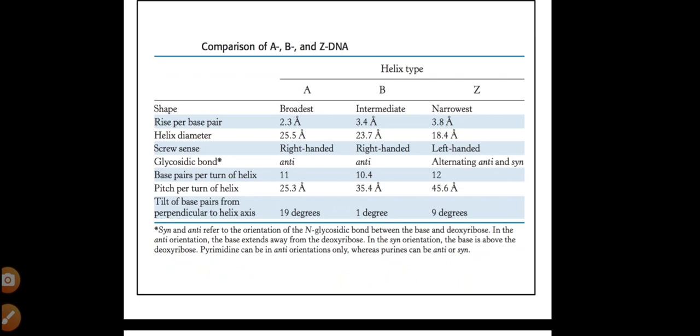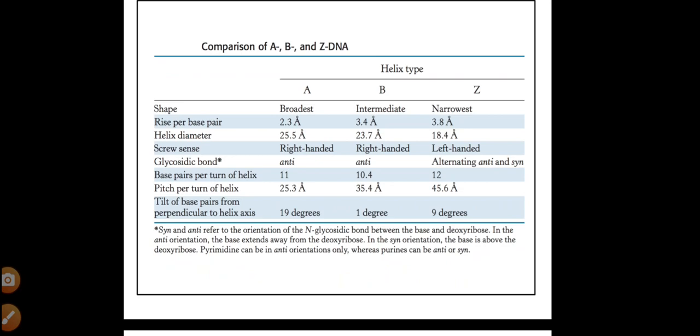Okay, and here the glycosidic bond orientation. In B DNA, it is anti-orientation.